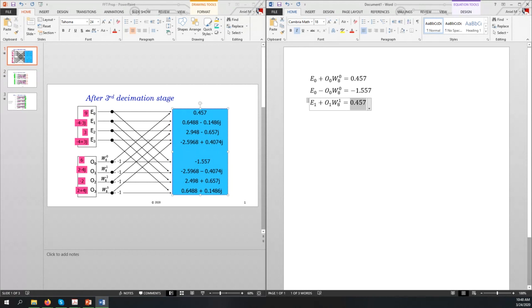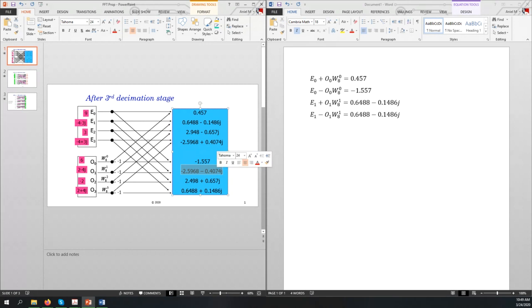So the addition of the two will be 0.6488 minus 0.1486 j. Just copy this. And then the difference of the two, which will be the next half of the butterfly, will be equal to this value accordingly.